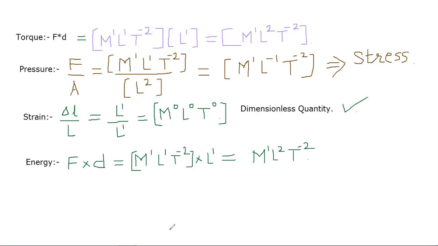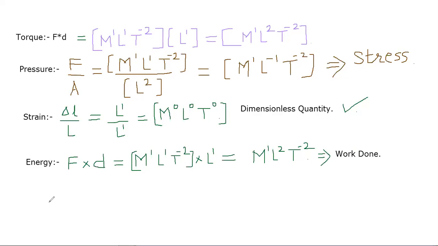Now the same dimensions will be there for your work done, because both have the same formula, that is force multiplied by distance. Okay. So in such a way you can find out the various basic dimensions.